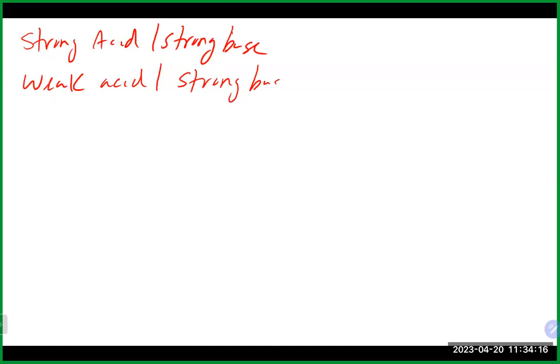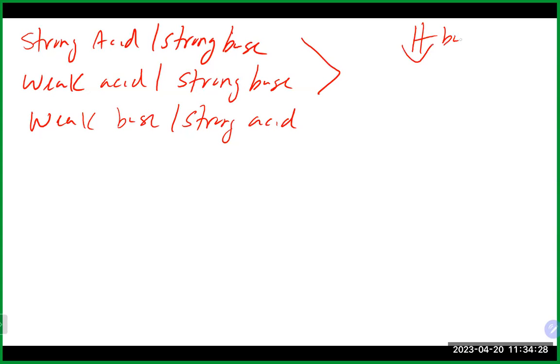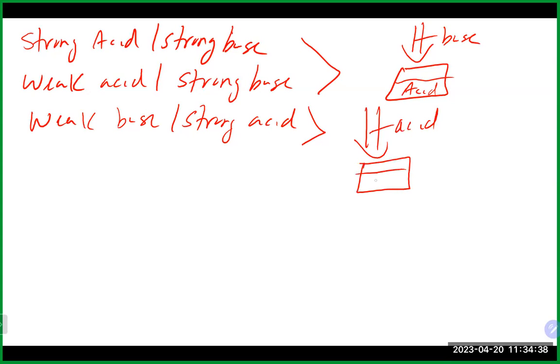And we finished up last time talking about a weak base, strong acid titration. And again, in the first two, we are adding the base to the acid. In this one here, we're actually adding the acid to the base.